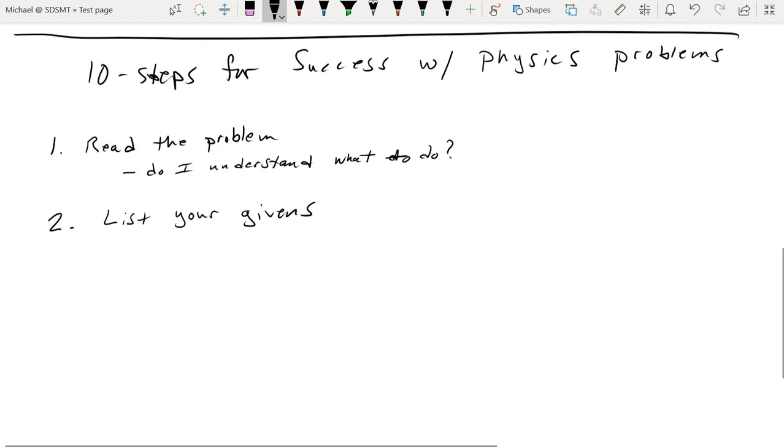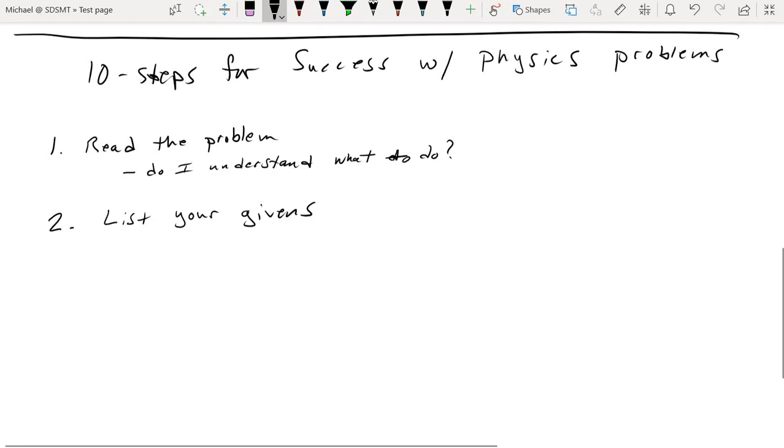As you're reading the problem statement, there are going to be certain given pieces of information. And it's a lot easier if you can write those given values off on the side of a piece of paper, so you could very easily access those values on your paper instead of having to go back and reread through the problem statement.